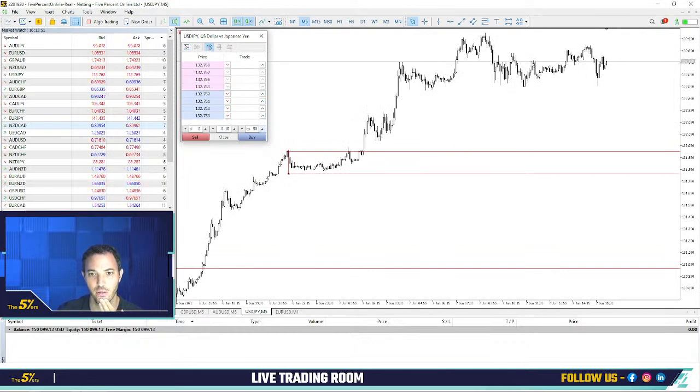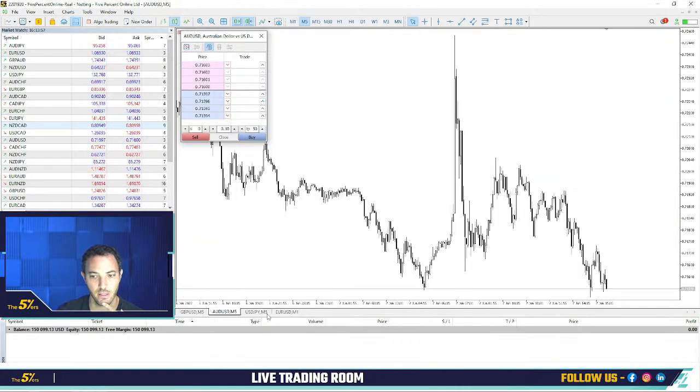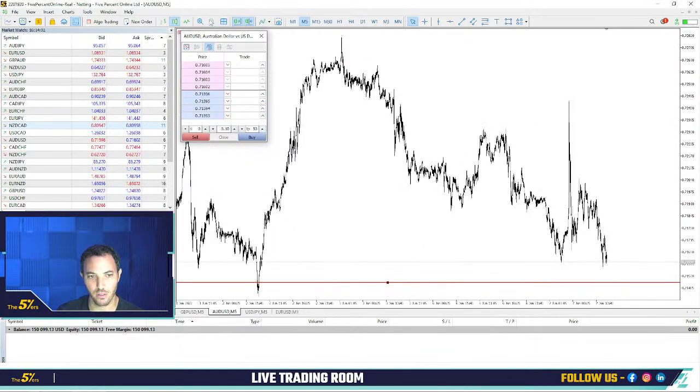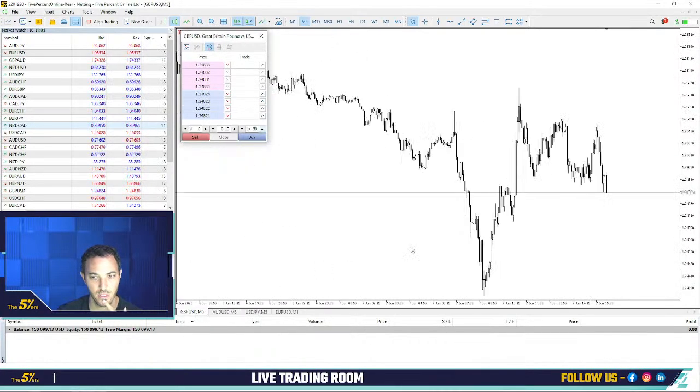Here, the bias is very clear, but I need a pullback. I'm not in a good position to buy. And this is similar to the euro, so I think I'll stick to the euro. And pound, I don't see a pattern here, so I'll stick to the euro.